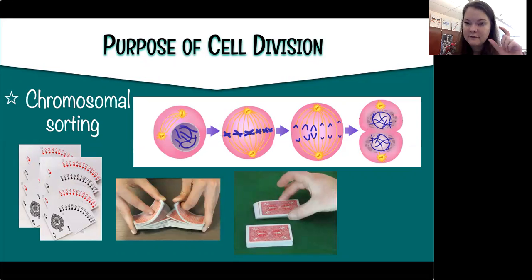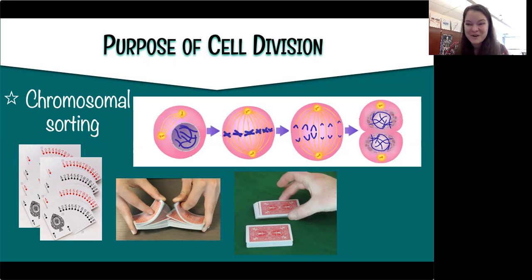You're not going to get a full deck of cards here and a full deck of cards here. You might end up with 5 or 6 aces in one of the decks. You might end up with just 2 or 3 in the other. And so cell division is all about taking these chromosomes and sorting them out properly.